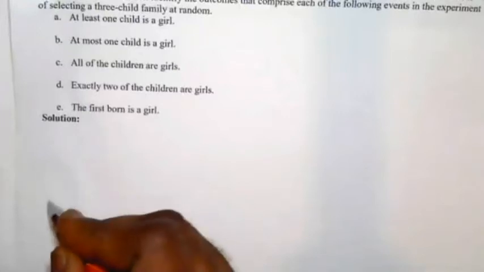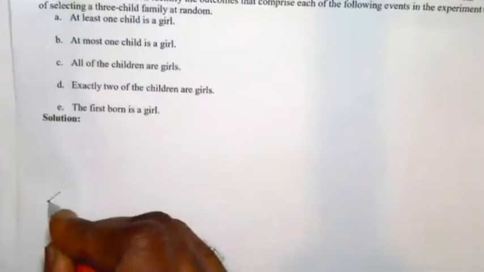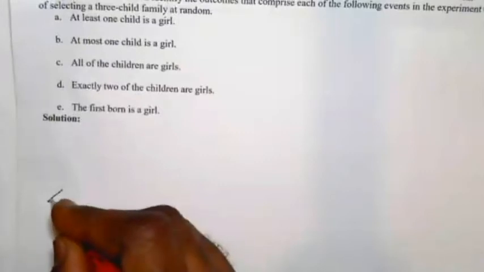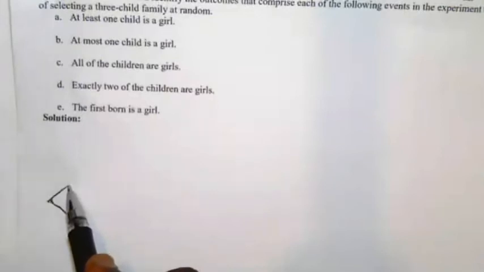So I'll start with the first birth order. We use these lines. The lines are called the branches. And wherever they end is the node.